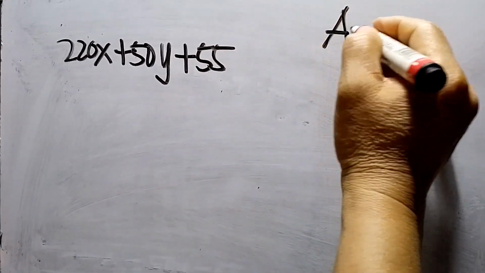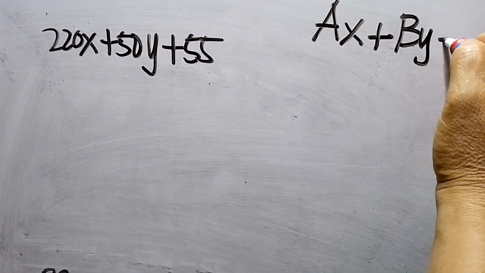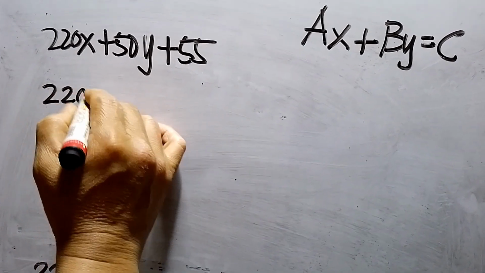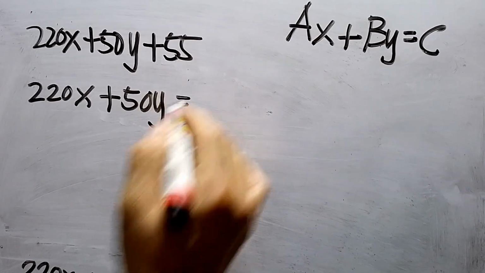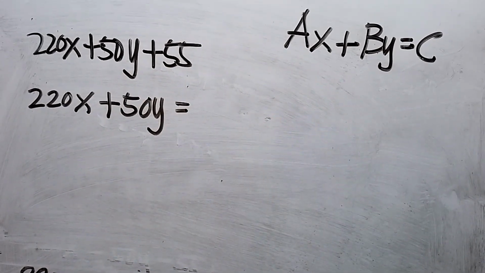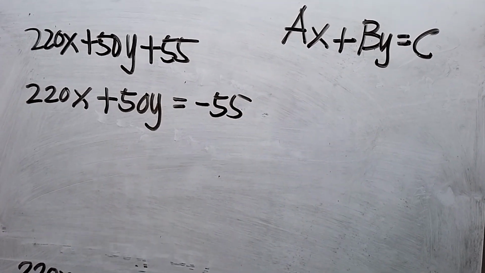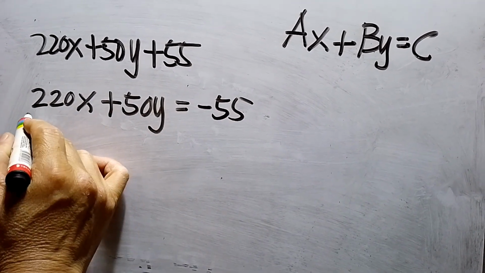Since we have the standard form of an equation of a line, Ax plus By is equal to C, this will be 220x plus 50y, and then transpose 55 to the right, this will be negative 55. Since this is divisible by 5, we need to divide this by 5.